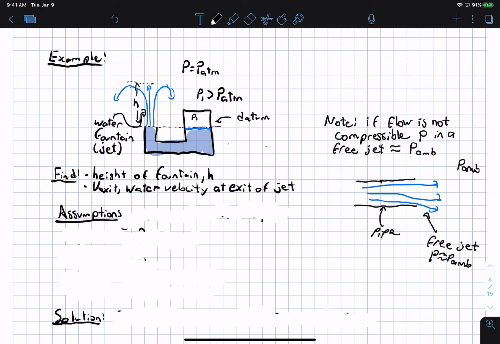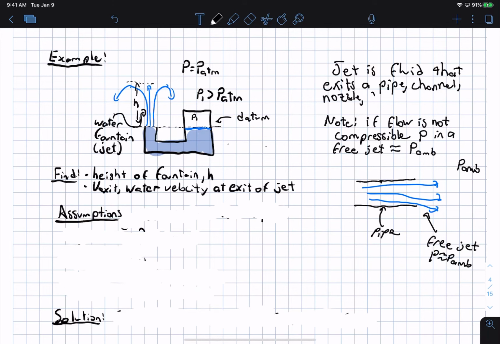So a jet is sort of a fluid that exits a pipe, channel, nozzle, diffuser, etc., into the ambient surroundings.